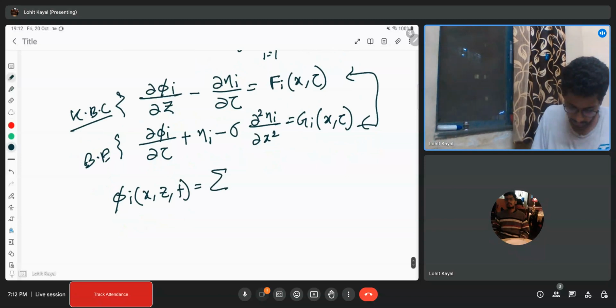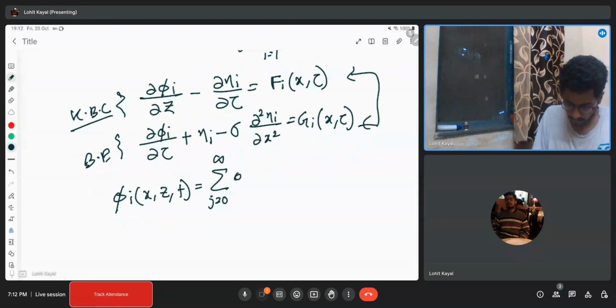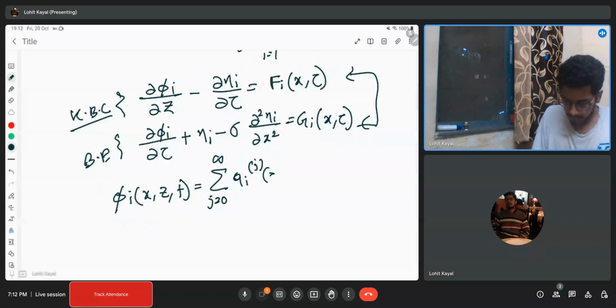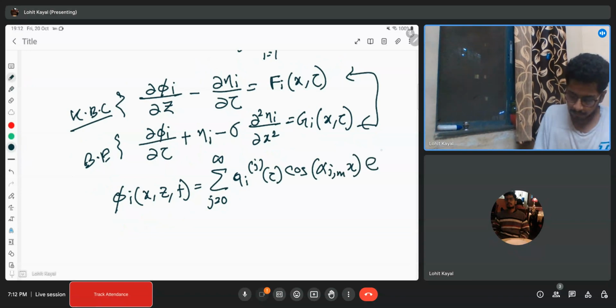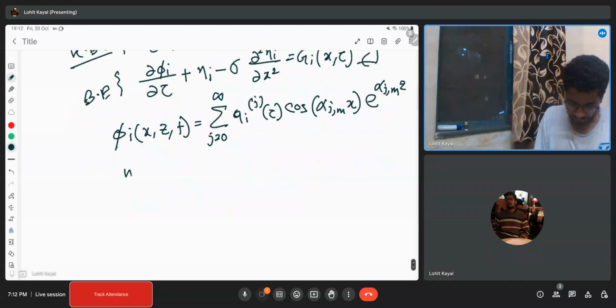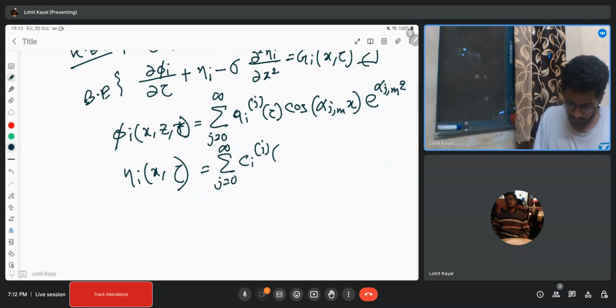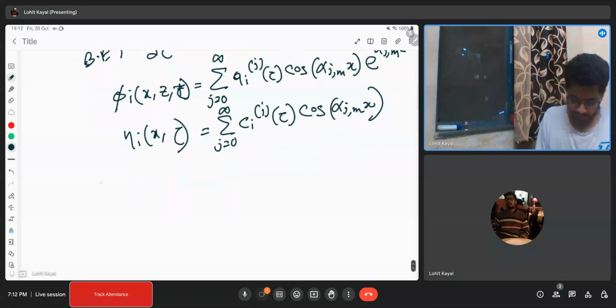So now it will be the sum from j equal to 0 to infinity of a_ij term, cos(α_jm x), e^(α_jm z), times tau equal to. What is α_jm?